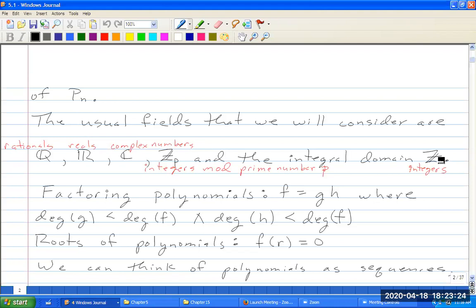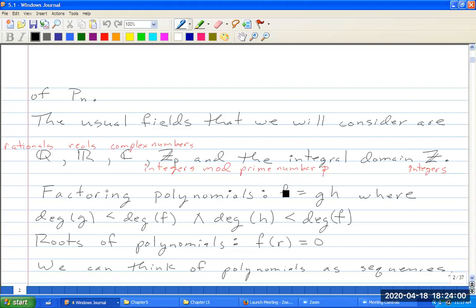Factoring polynomials. So if I can write f as g times h, sometimes I'll be calling my polynomials f. The reason for that is because sometimes I want to talk about a prime number, which I always denote by p. So you can't use p for more than one thing. So sometimes I'll call my polynomials f's rather than p's and q's.